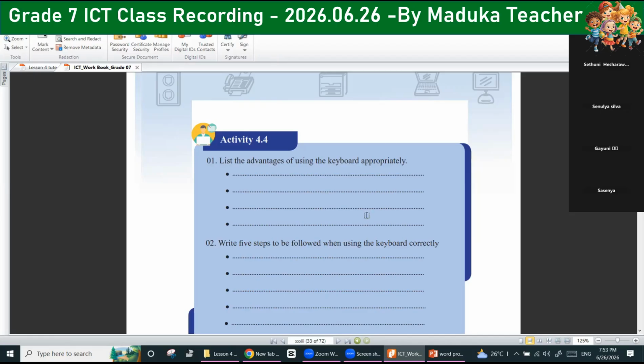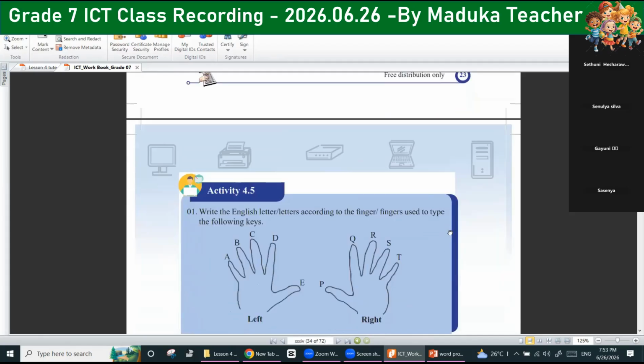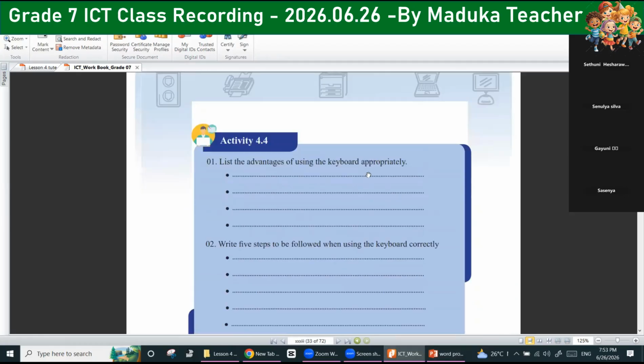You have to do both questions, right? Only activity 4.4. Okay? Note down.